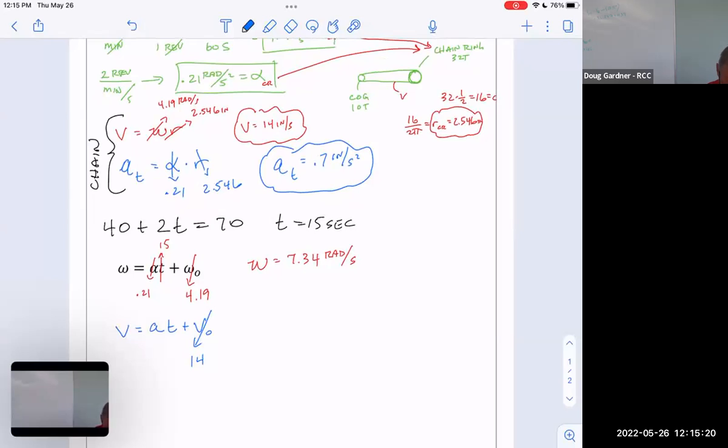Actually, I suppose there's an easier way to do this. Let's just see if it works. We said the time was 15 seconds and the tangential acceleration was 0.7. So 0.7 times 15 plus 14.